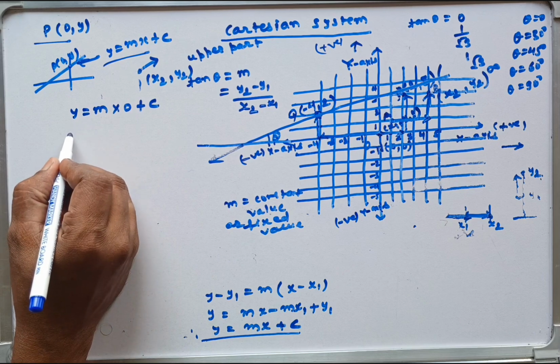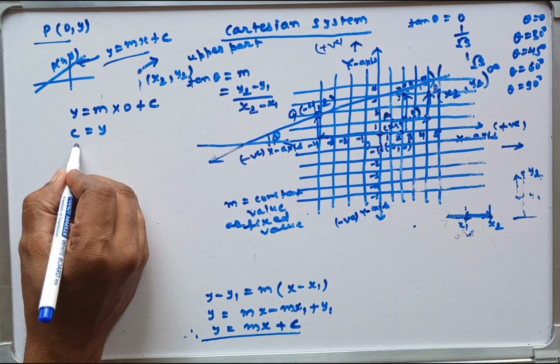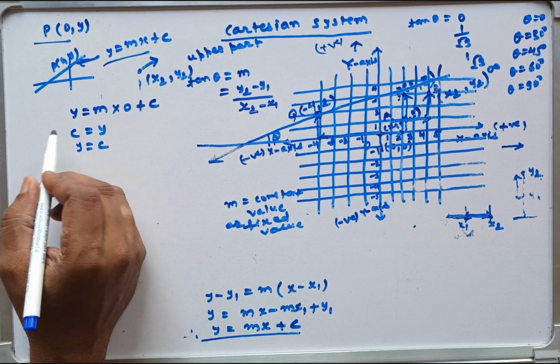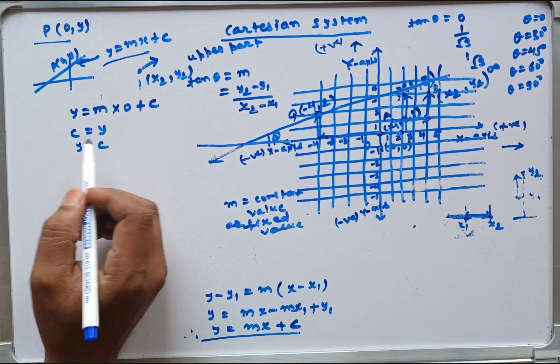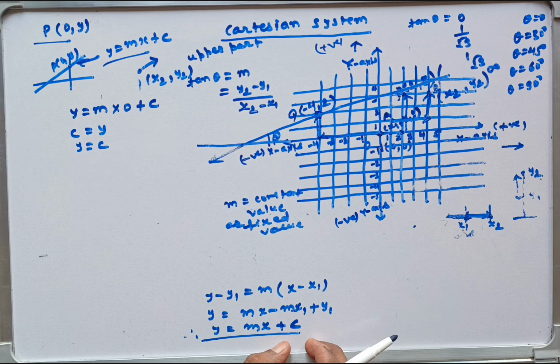So what you see here is c equal to y, or you can say y equal to c. Both are the same thing. So guys, the constant term, or fixed term, will give you where the line intercepts or cuts the y axis. So this is the first case.